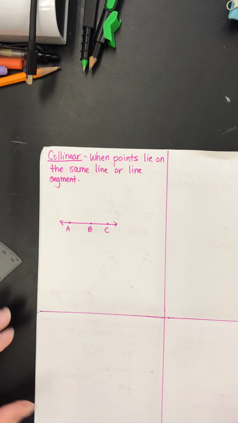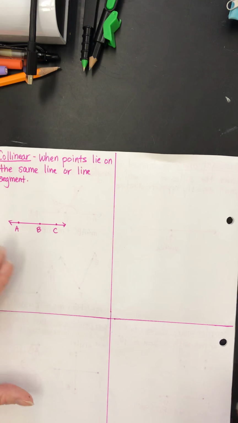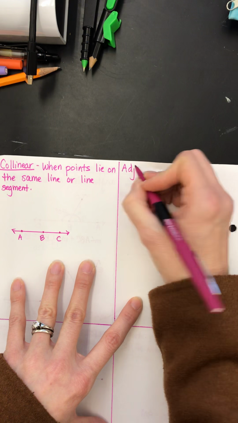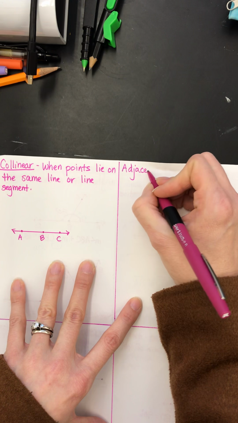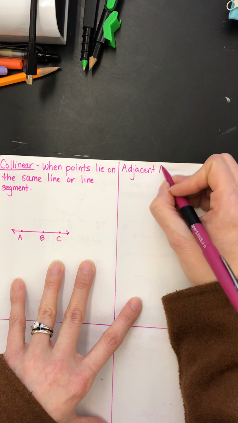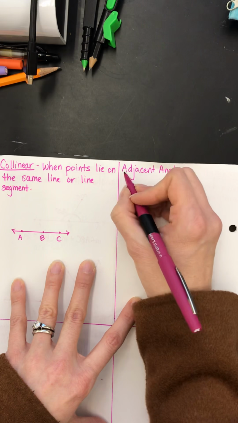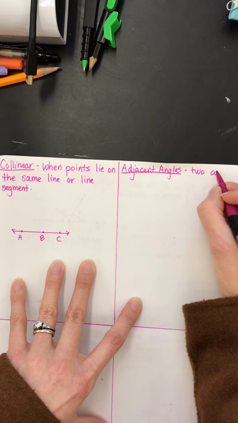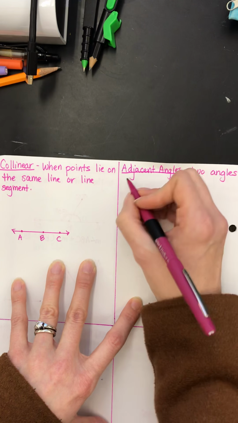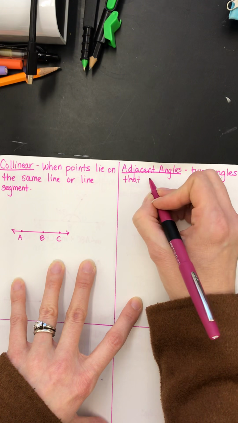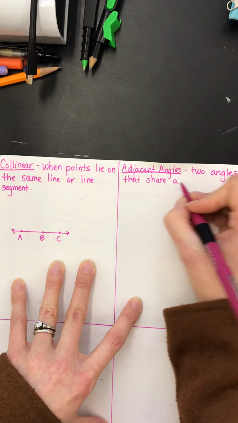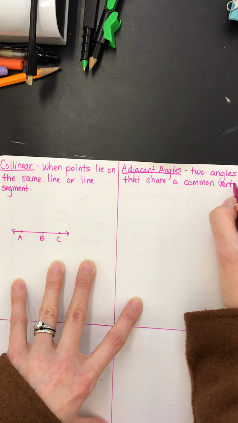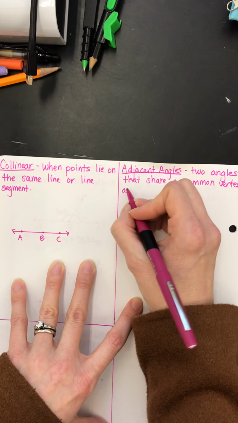Okay. The next thing I want to talk about is adjacent angles. So adjacent angles, they are two angles that share a common vertex and side.